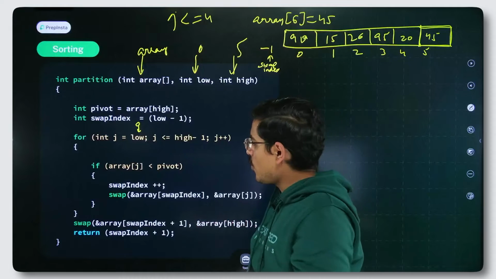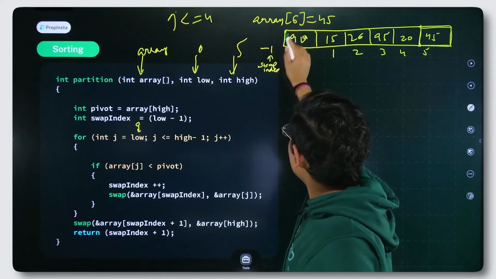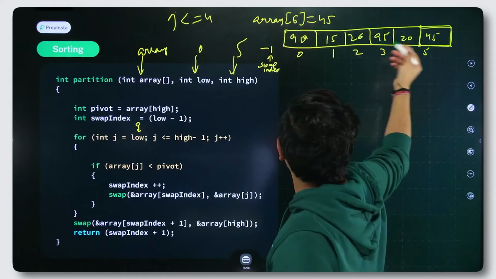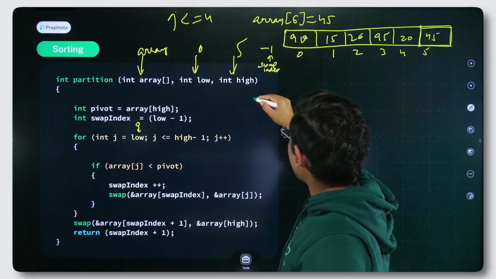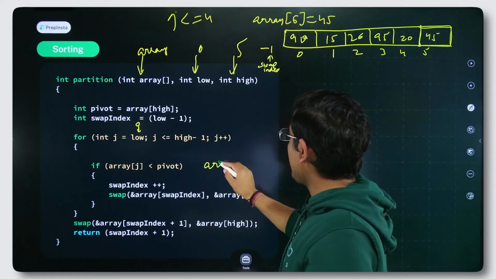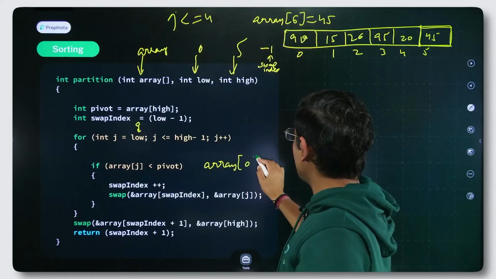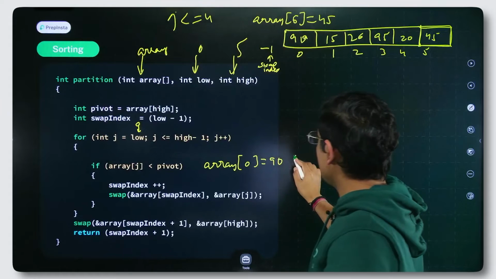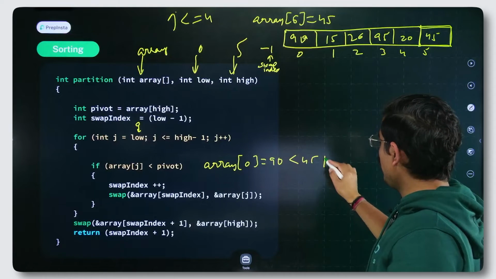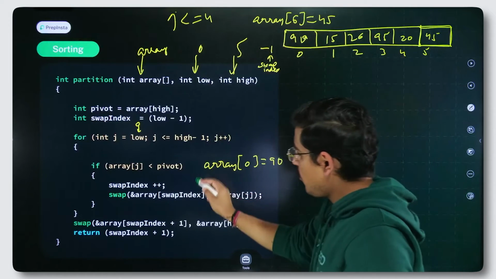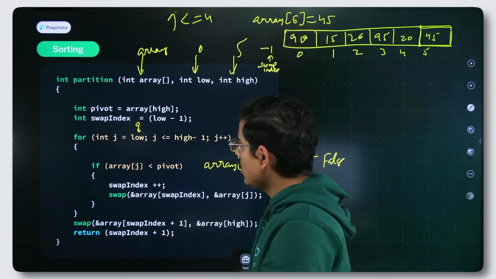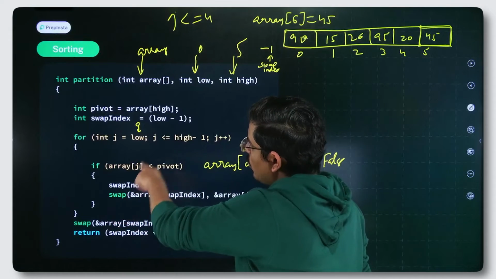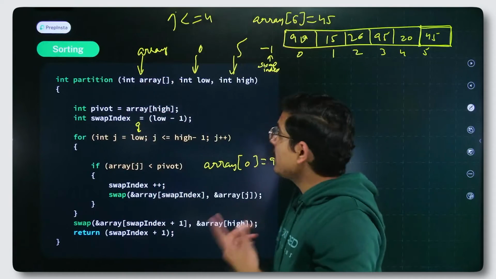If it is not smaller, for example 90 is array of j here, array of 0 equals 90, is it smaller than 45? Is it true? No, it is false. So this if block won't execute.